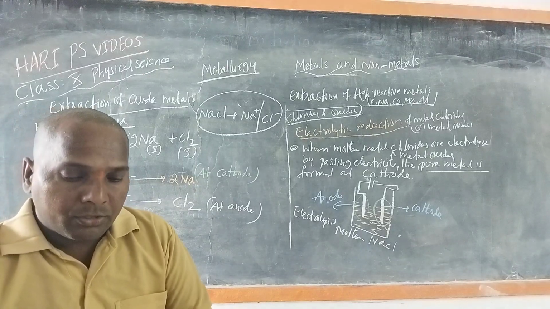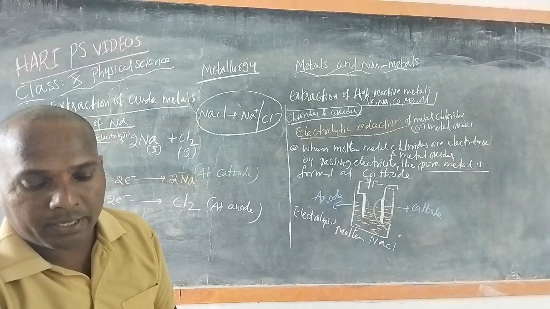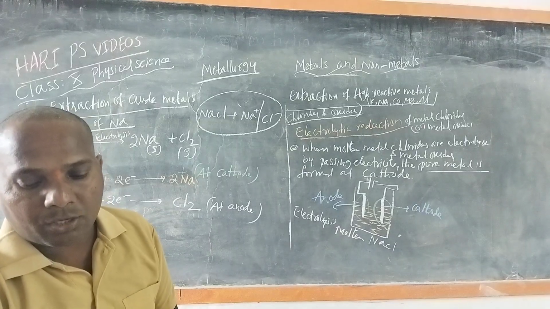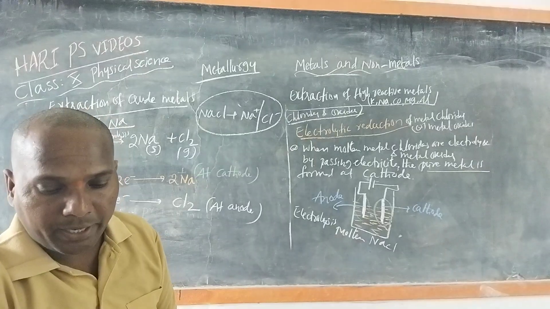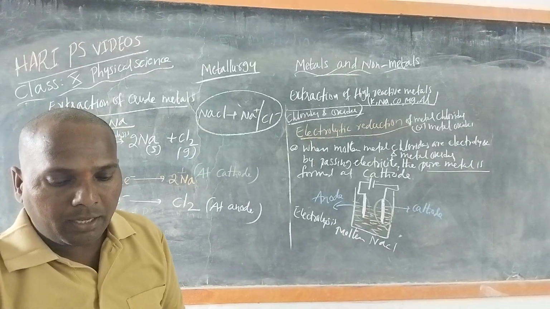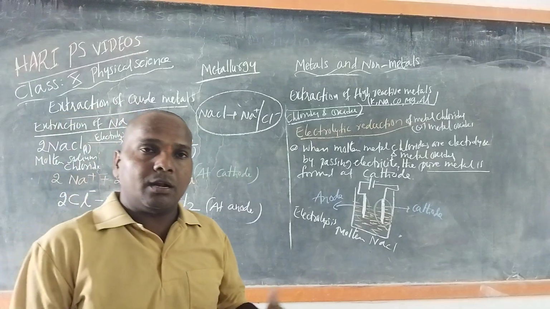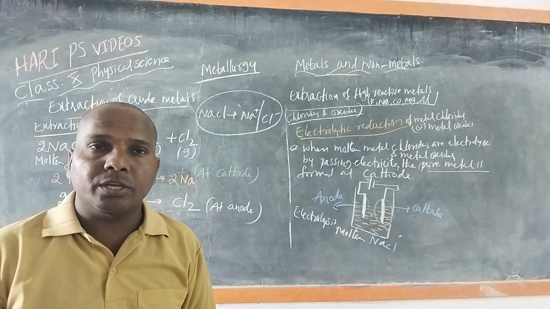Just like sodium metal, potassium metal is produced by the electrolysis of molten potassium chloride. Calcium metal is obtained by the electrolysis of molten calcium chloride. Similarly, magnesium metal is also extracted by electrolysis of molten magnesium chloride.